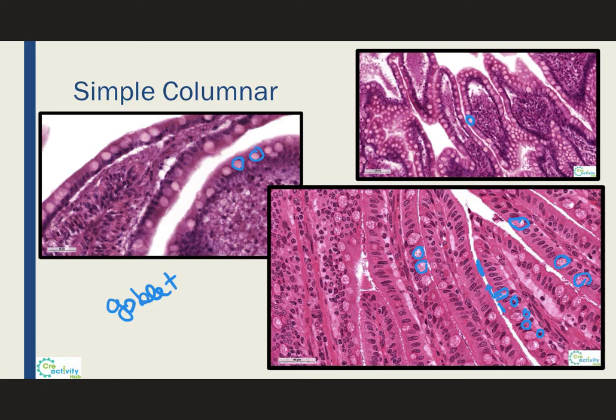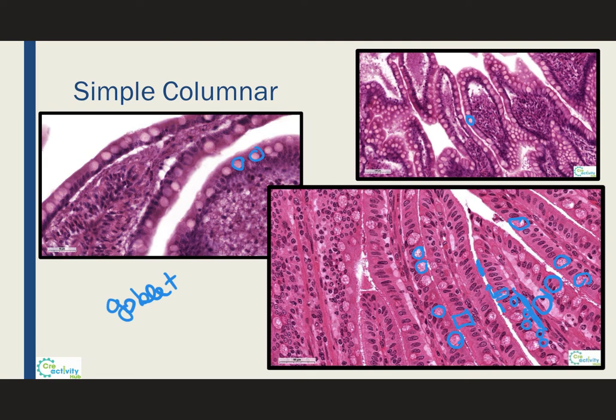And we know that the nuclei are usually located on the basal surface of the cell. In other words, the surface that is going to be closer to the basement membrane that will sit between the epithelium and the connective tissue. In addition, we can see how these cells look clear compared to the other epithelial cells in this tissue, and this is going to be due to the mucus being extracted during the preparation of this specimen.